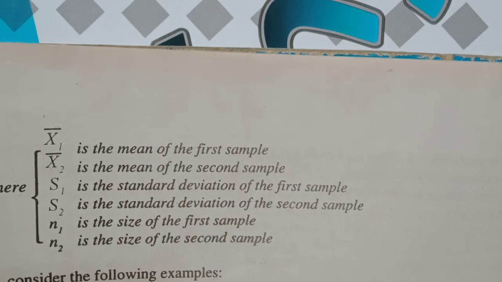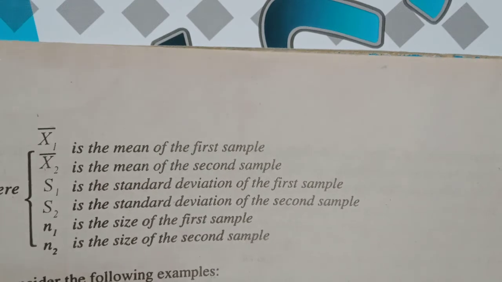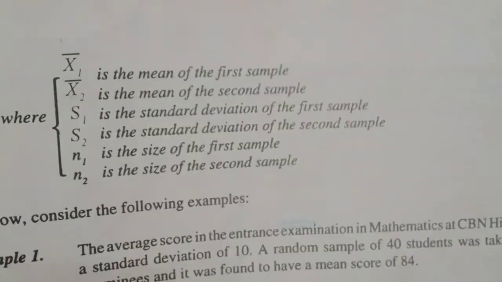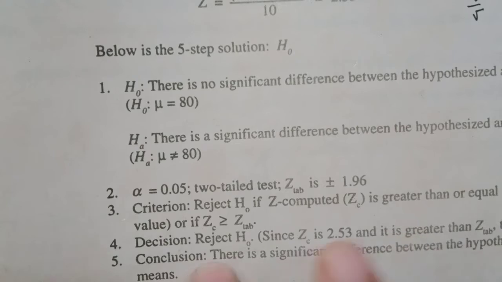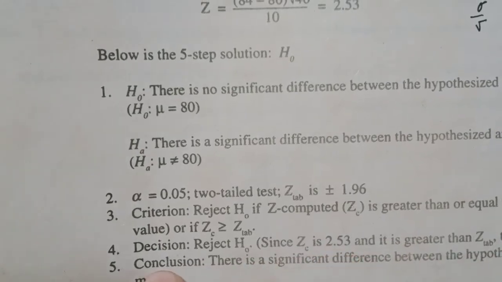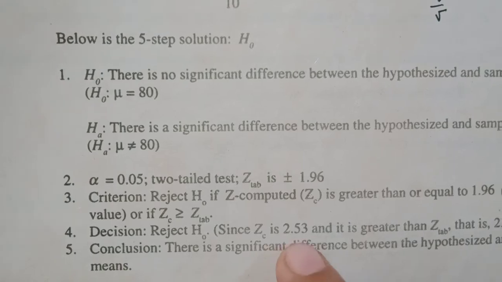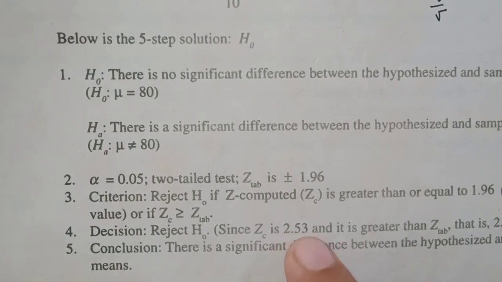Okay? So, that is step 2. Ang step 3 ay you can compute now. Okay? So, magko-compute ka. Pag natapos mo computation, ang makikita mong sagot ay ang ating z na makukuha mo ay 2.53.